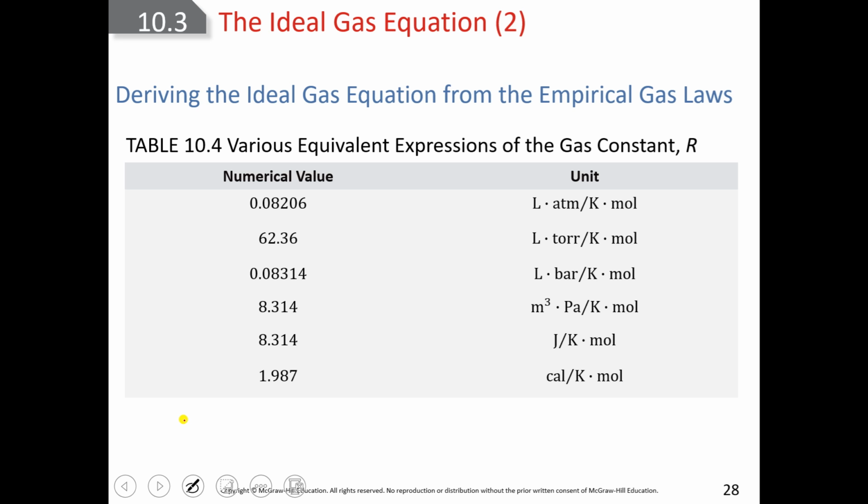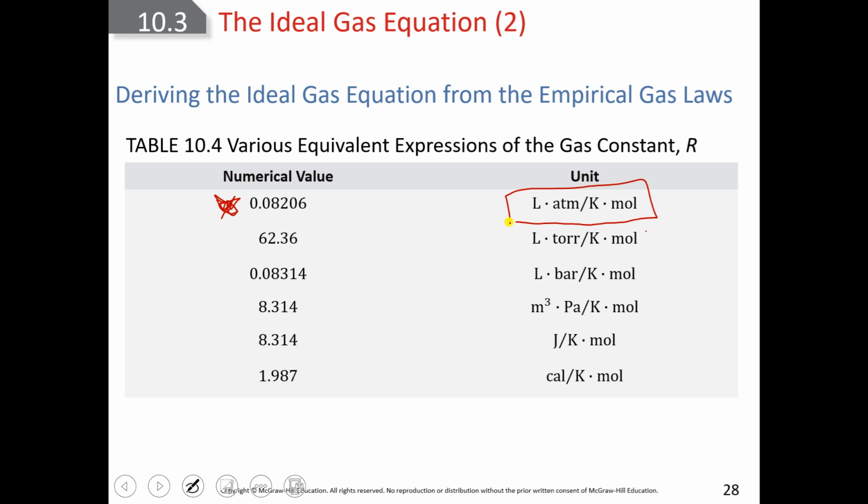Now, with the ideal gas law constant, you need to memorize this one right here. You need to memorize that one, especially if you're going to be taking Chem 2 as a seated course. Again, it's just one of those constants you do need to memorize. This is going to be the most common one you'll use. You'll note the units are liters·atm per Kelvin·mole.